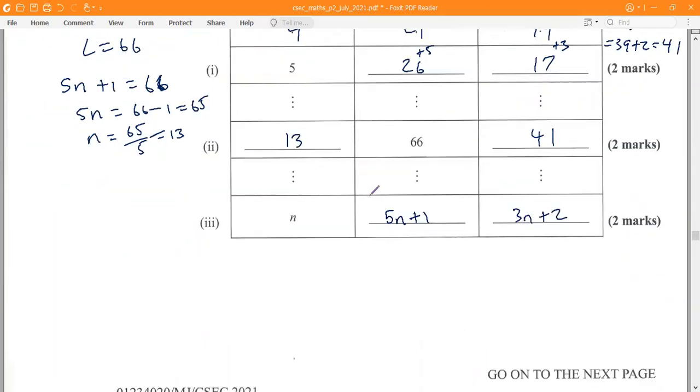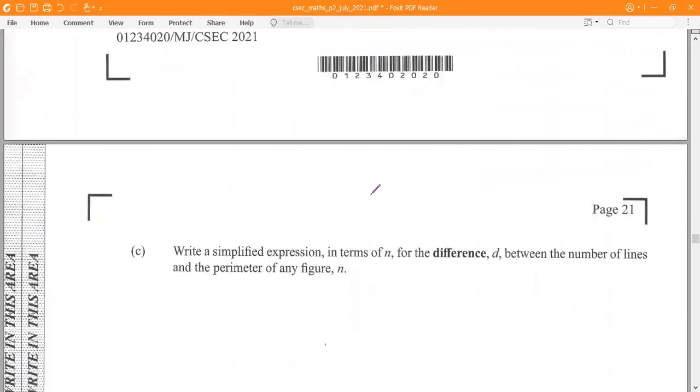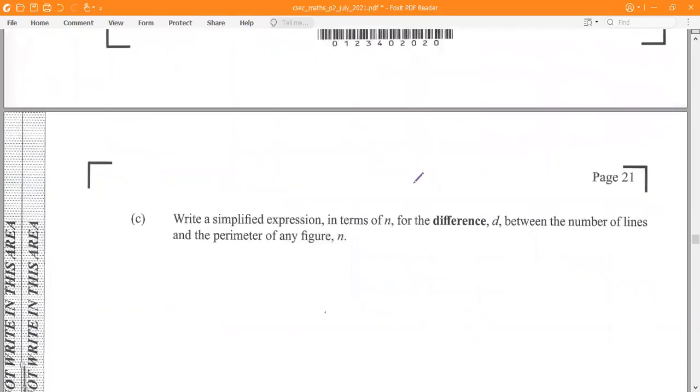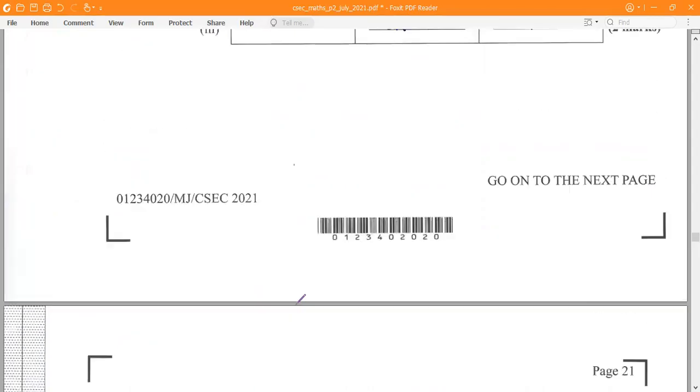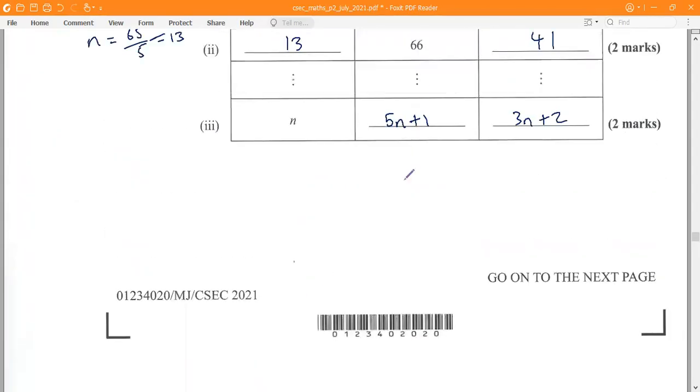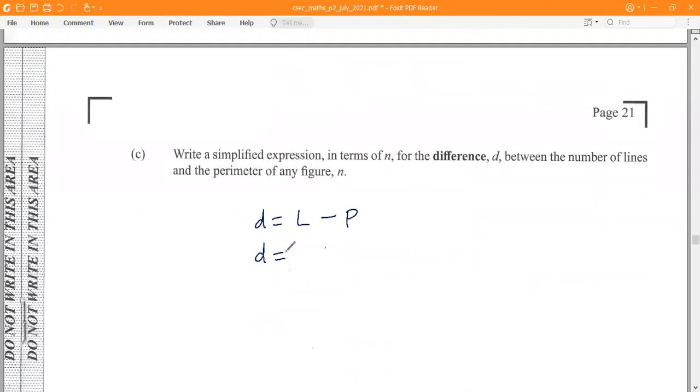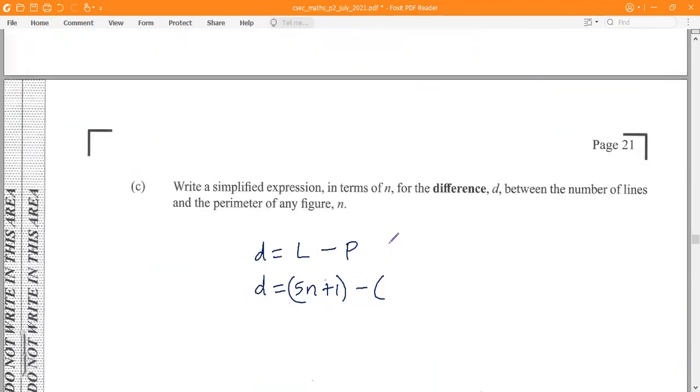Now we want to find a simplified expression in terms of n for the difference, d, between the number of lines, capital L, and the perimeter of any figure, capital P. We want to use our algebraic expressions. 5n plus 1 is equal to capital L. Subtract 3n plus 2, which is equal to capital P.